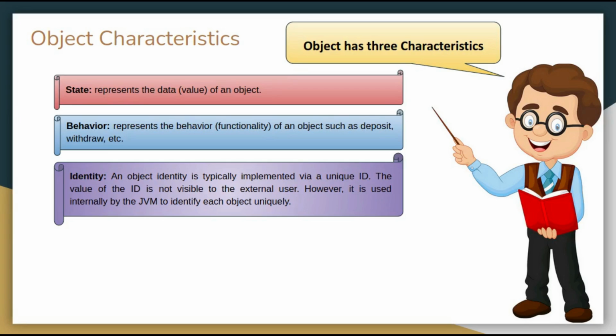That is our identity, and everyone has their own Aadhaar card. That is basically their own unique identity. Similarly, each object in logical terminology has its own unique ID, which is used internally by the JVM. That is why we call these the characteristics of any object.